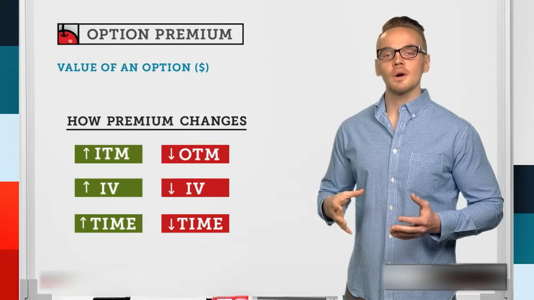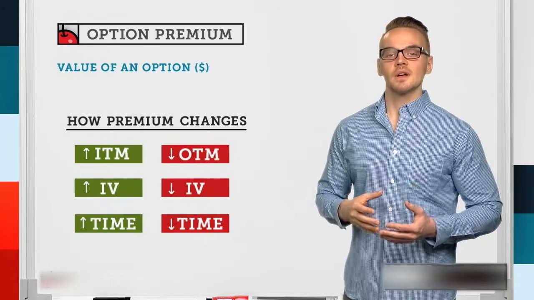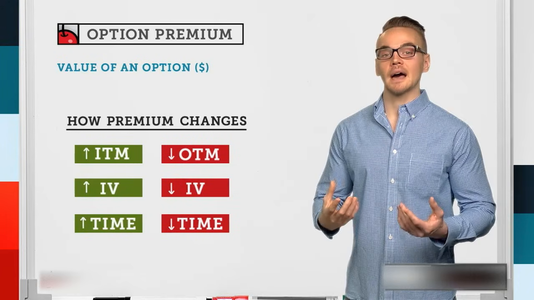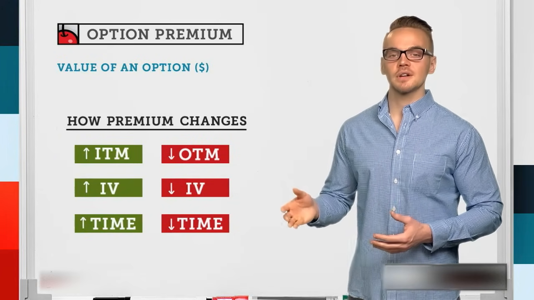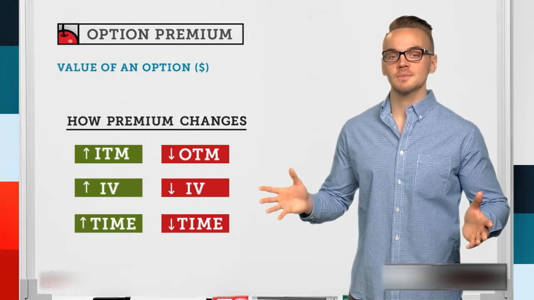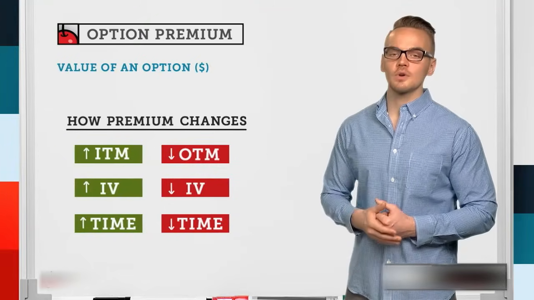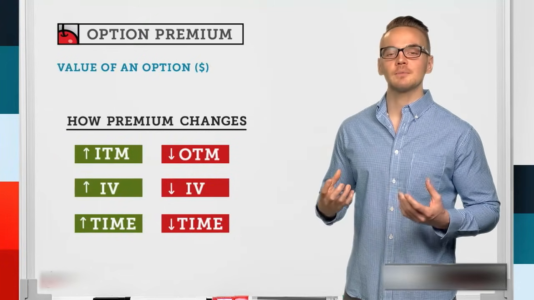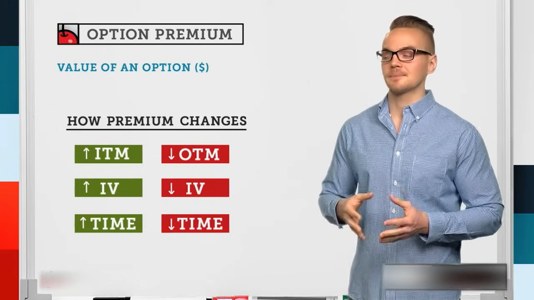The more days until expiration an option has, the more option premium it will have. Just like car insurance or life insurance, the more time covered, the more premium there is. In the option world, the more time we have, the more time we have to be correct, so we have to pay a premium for that right.